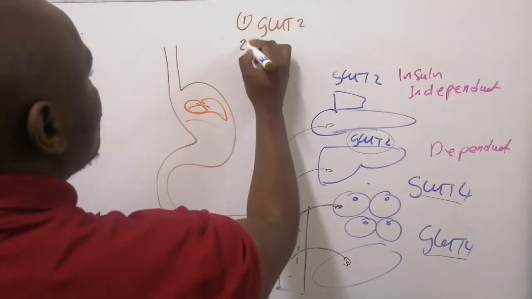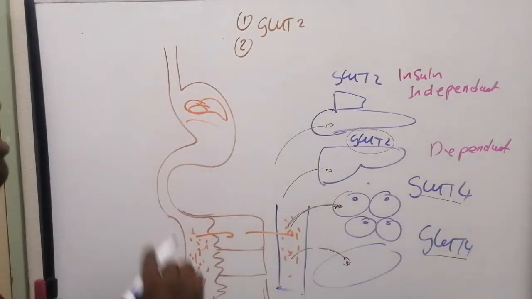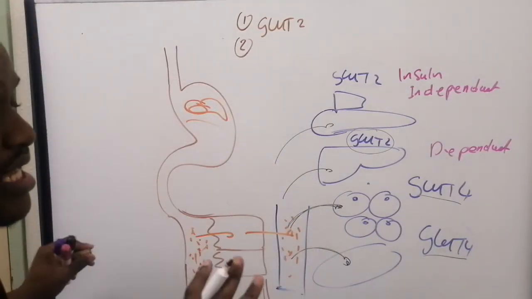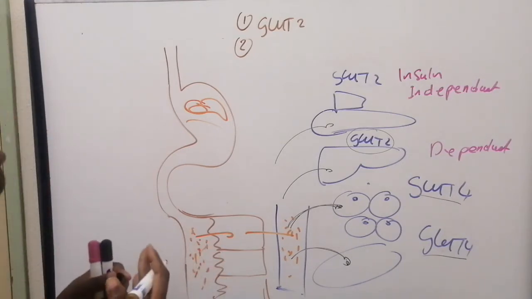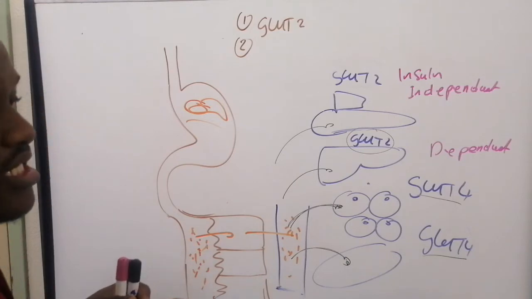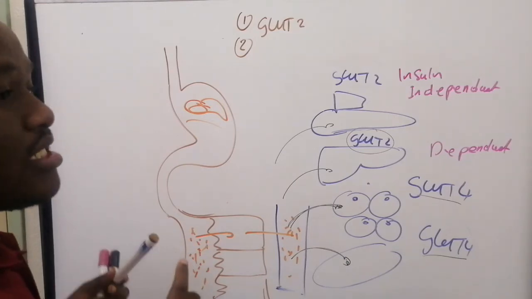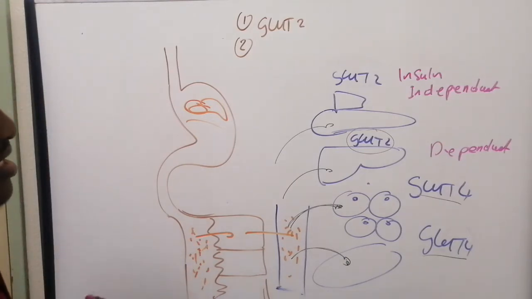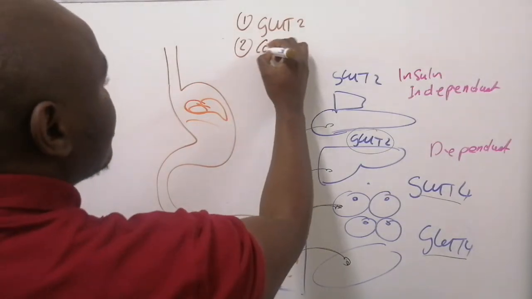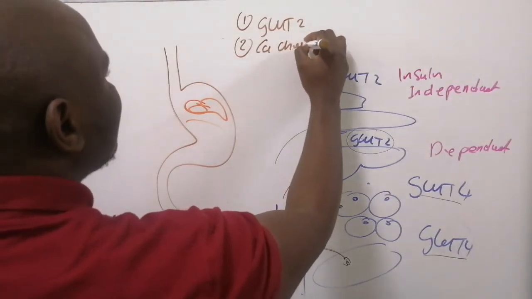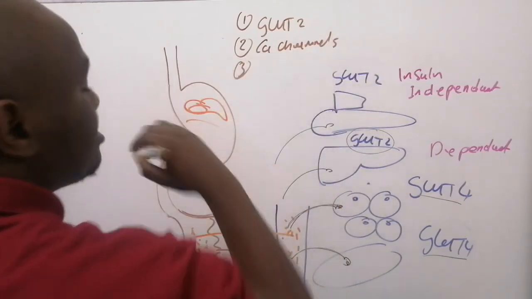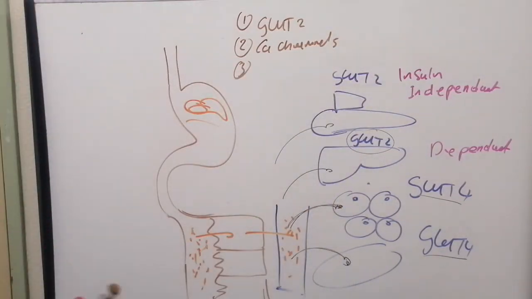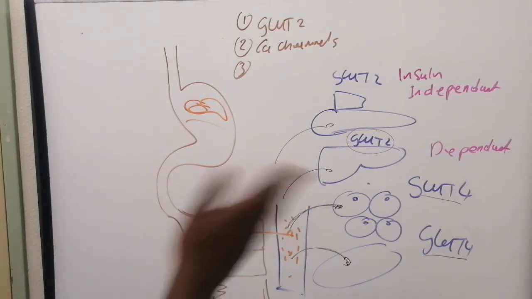Okay, number 2, if you have a problem within the cell, let's say you cannot depolarize, because remember, for insulin to be released, you need that cell to depolarize by opening the calcium channels. Let's say you've got a problem with the calcium channels. I'm sure there are other explanations of how you can have hyperglycemia, I'm just going to go through these ones.